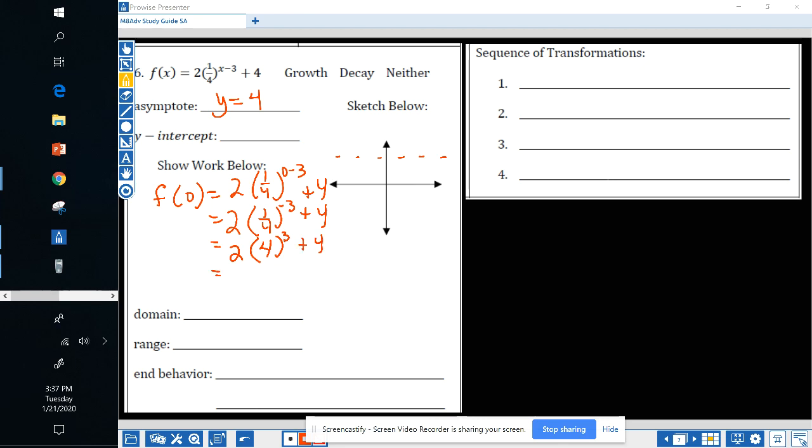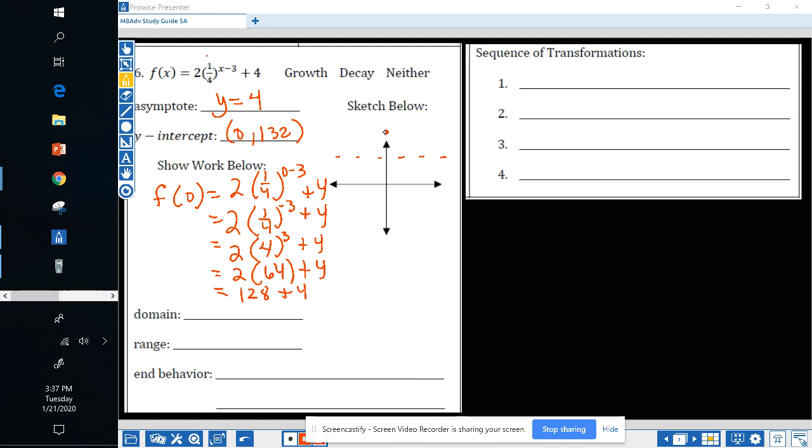We have 4 times 4, which is 16, and 16 times 4 is going to be 64, and then 64, we'll go ahead and write that down. 2 times 64 is 128, plus 4 gives us 0, 132, so it is somewhere up here, way up.